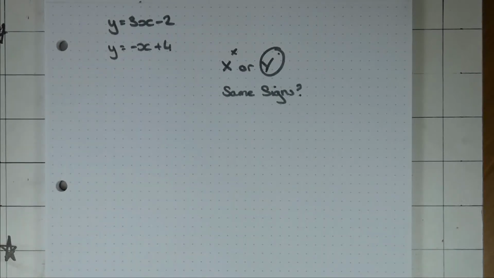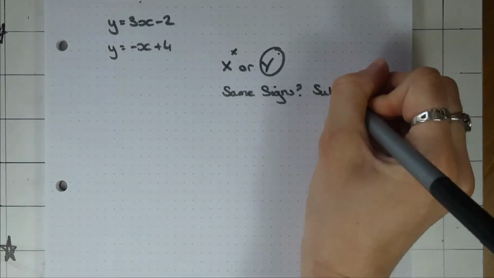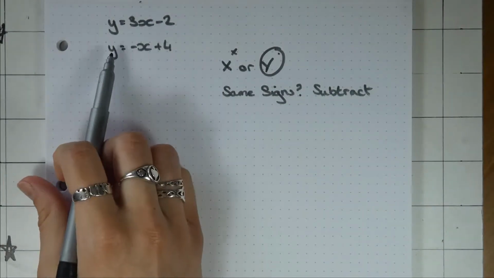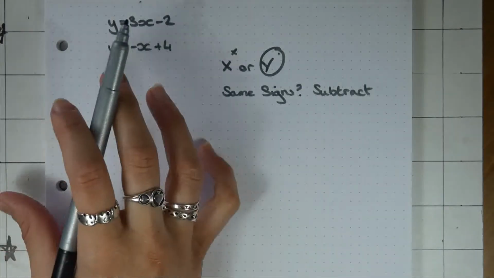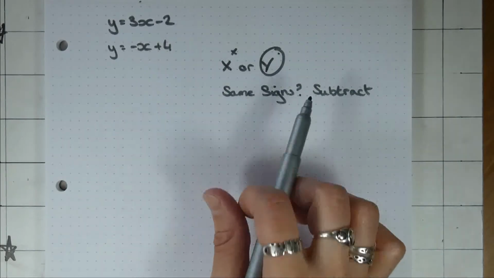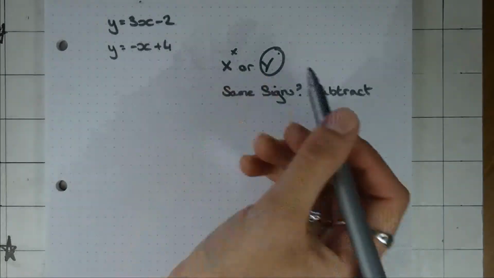These are both positive. So because they are both positive, they have the same sign, we are going to subtract one from the other. If they had a different sign in front of them, we would add. So if one was positive, one was negative, we'd add our two equations together. But because they've got the same sign, we are going to subtract. It's got all the S's, all that lovely alliteration in it.